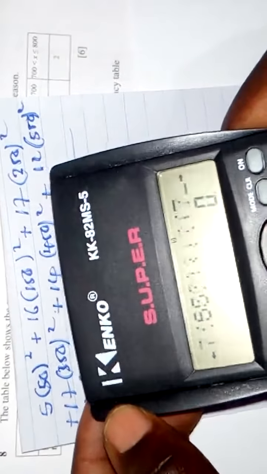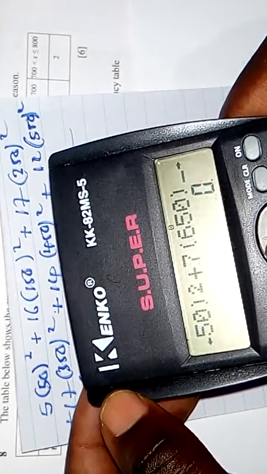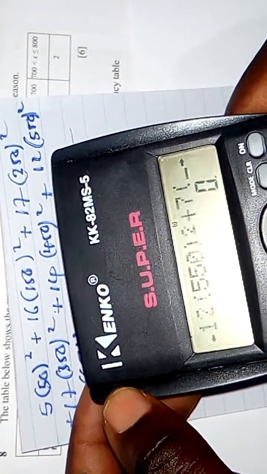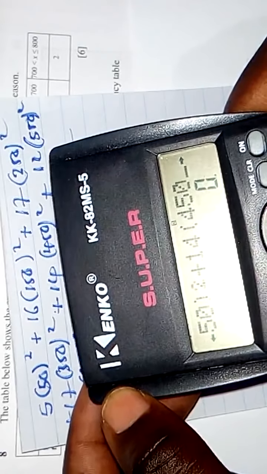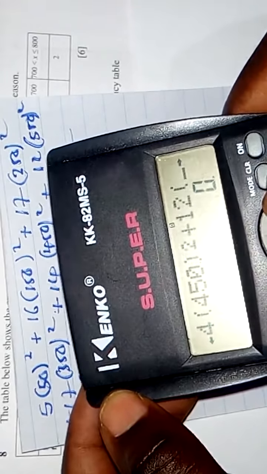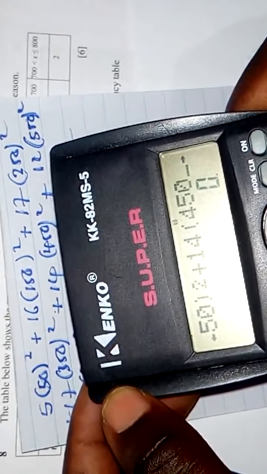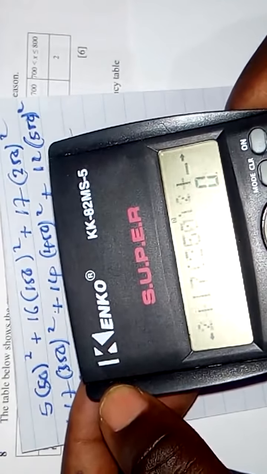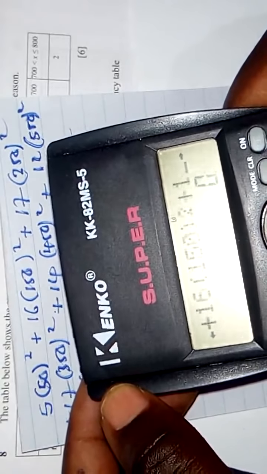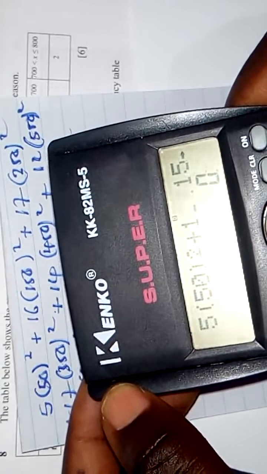So we have put all these numbers. We can check to confirm that what we have put is okay. Yes, it's okay there. Okay, what did we put here? It's okay. 17 there, it's okay. 16 there, 5, it's okay.